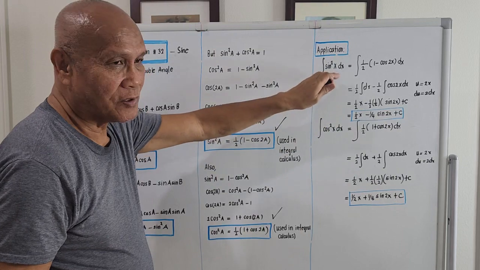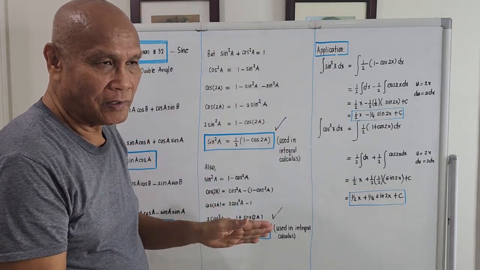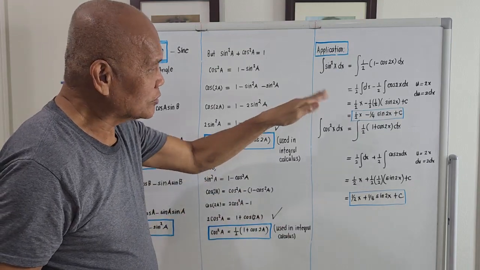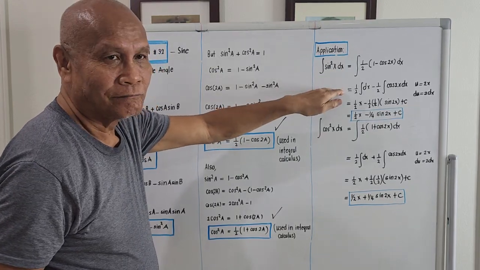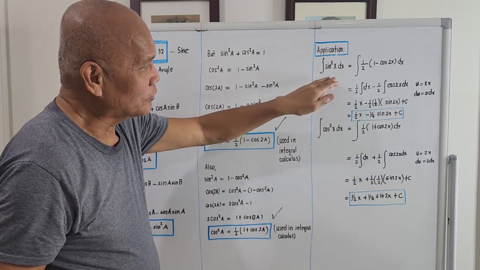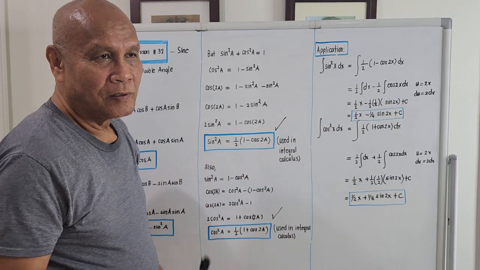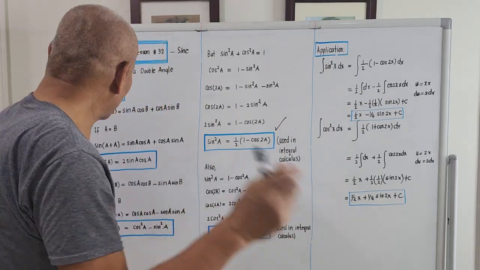So we must bring out the relation of a single angle in terms of a double angle. If we insist on the solution of a single angle, we could not do it. The proper way is to express this single angle in terms of a double angle for the solution to be the easiest one. Okay, let's proceed.